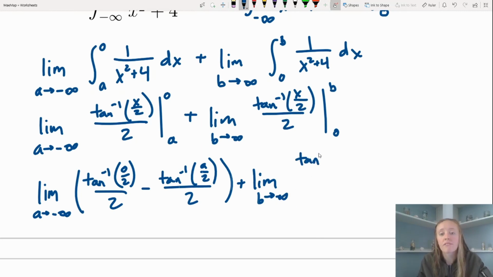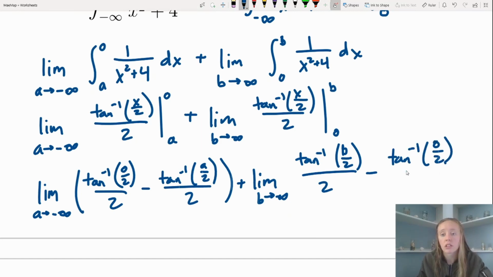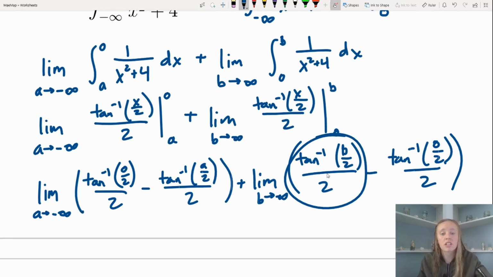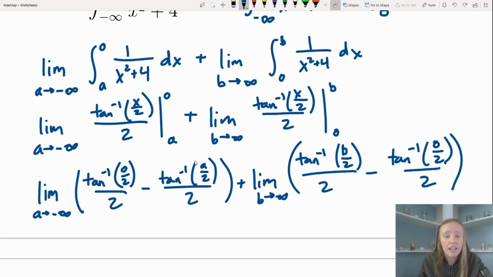That's going to be the inverse tangent of b over 2, all over 2, minus the inverse tangent of 0 over 2, all over 2. Now, obviously, b is only for this term, and my limit of a is only for this term.